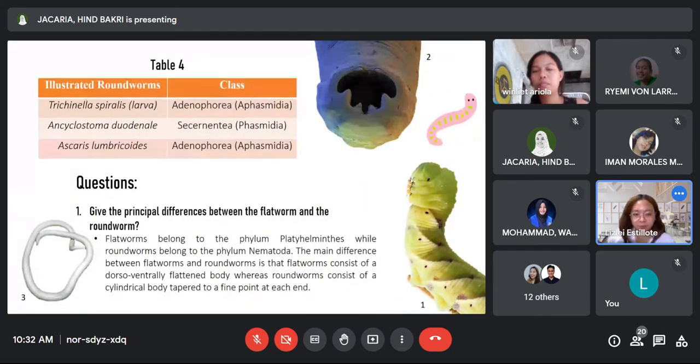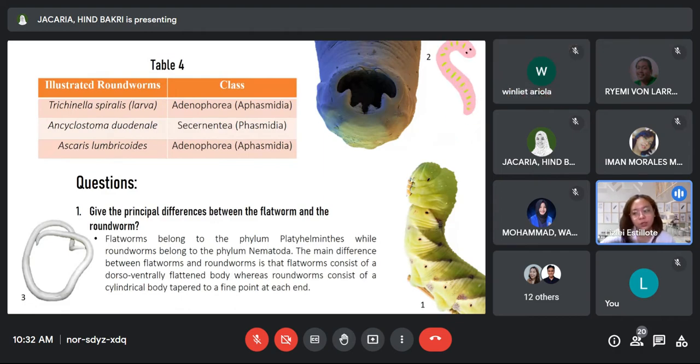The class Adenophoria or Aphasmidia has no phasmid or the caudal sensory organ and has amphids, the anterior sense organs, that are large. They are also thin. Excretory system is absent, or if present, it is poorly developed.